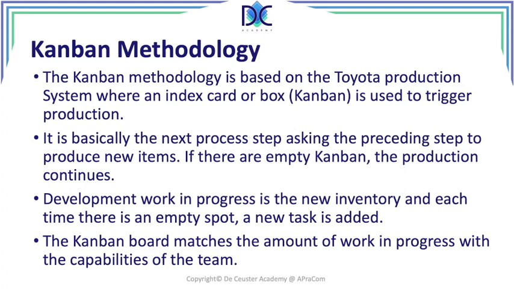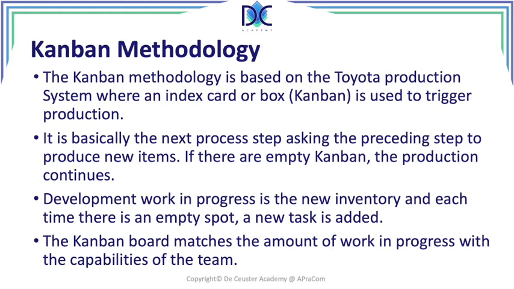So if there is nobody of the team available, there will be no additional task added to the project. Once there is a new space, a Kanban is empty, a new task will be added, and we can follow this on the Kanban board where we see the different elements for every step.